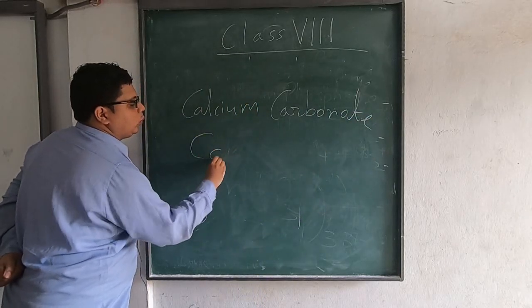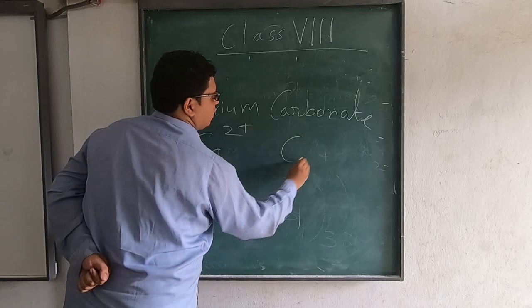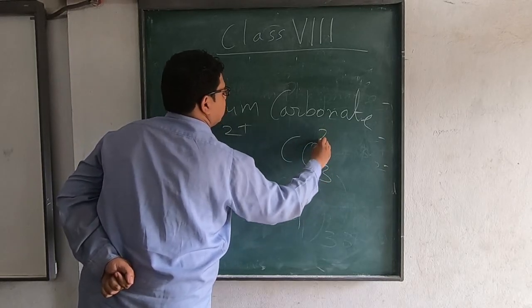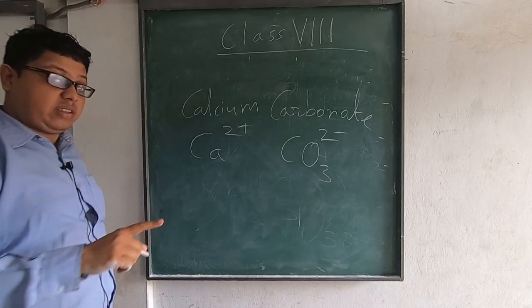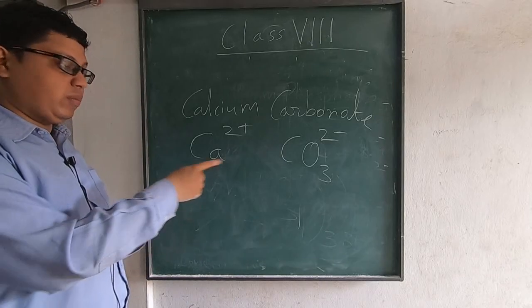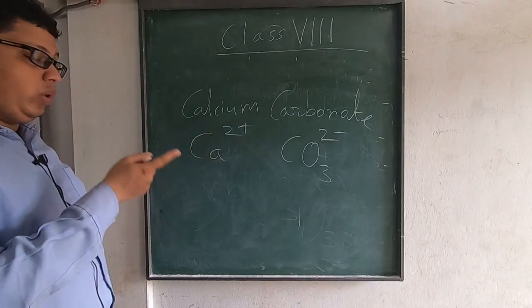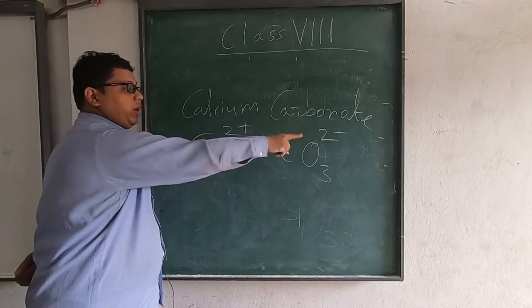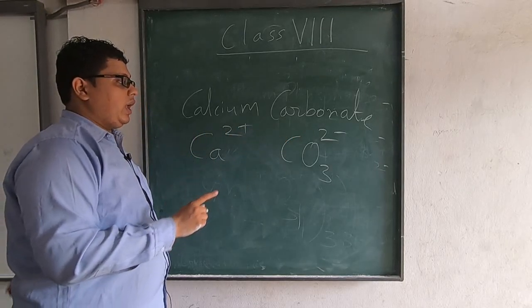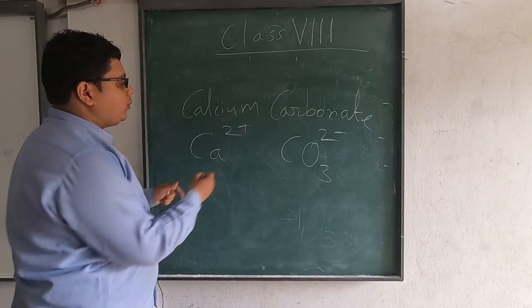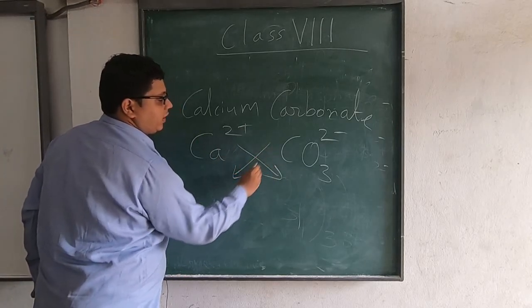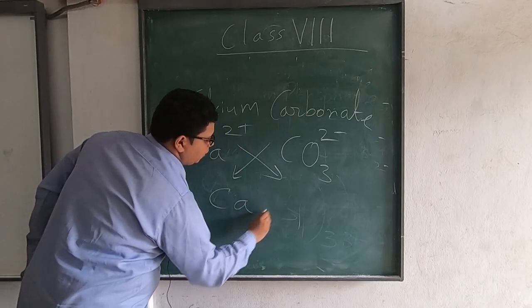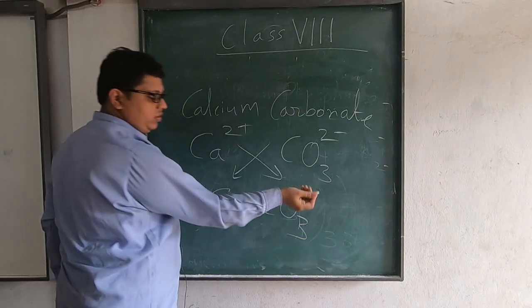Calcium is Ca2 plus, carbonate is, we just saw this example earlier also. Calcium carbonate, calcium sulfate, anything having +2 and -2, we can cancel out. If I cancel these things out, the answer will simply be calcium carbonate, CaCO3.